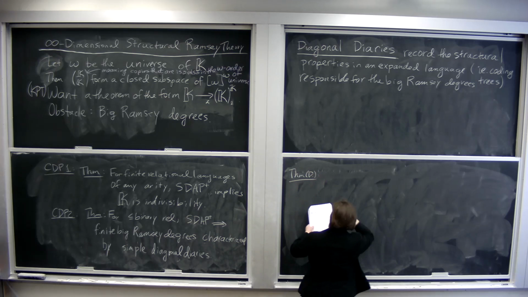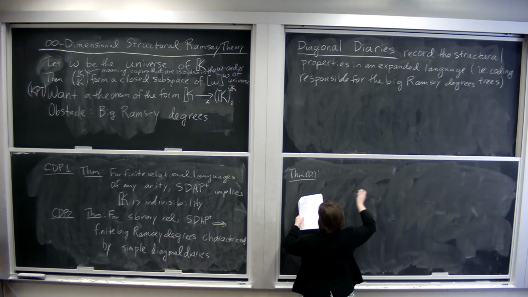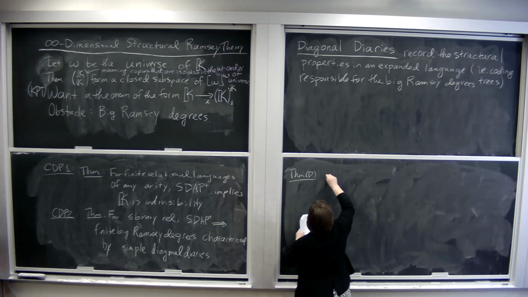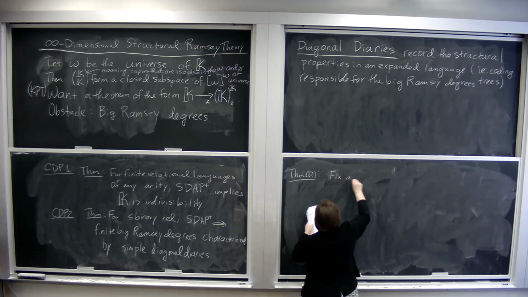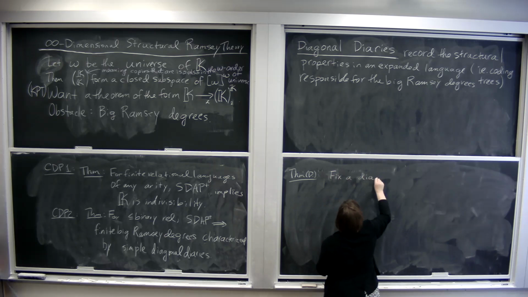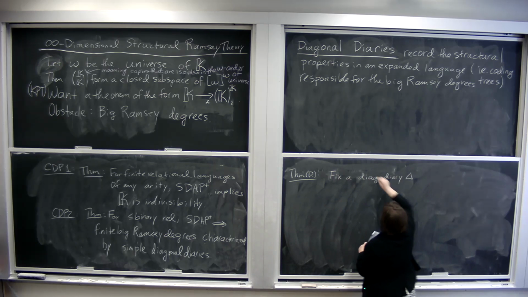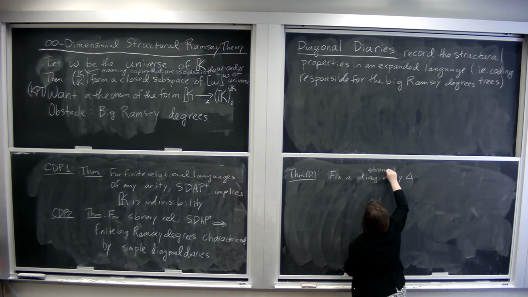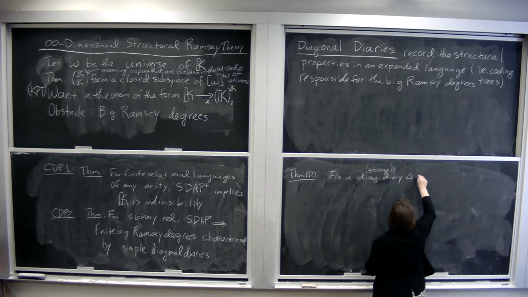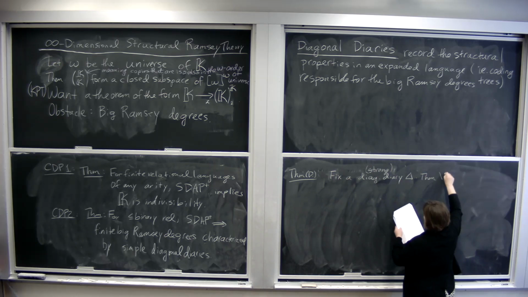So now starting with those, now the breakdown starts to happen between the free and the non-free amalgamation. So fix, let me put it this way, fix a strong diagonal diary, delta actually is strong. Then for each, okay.